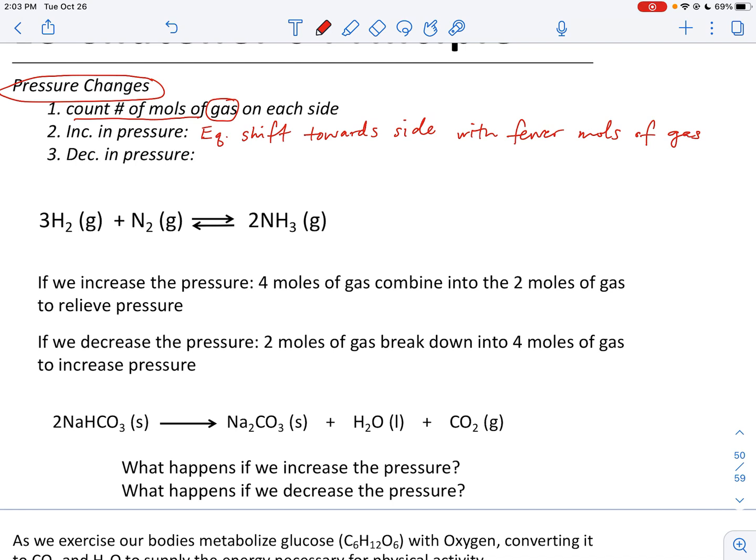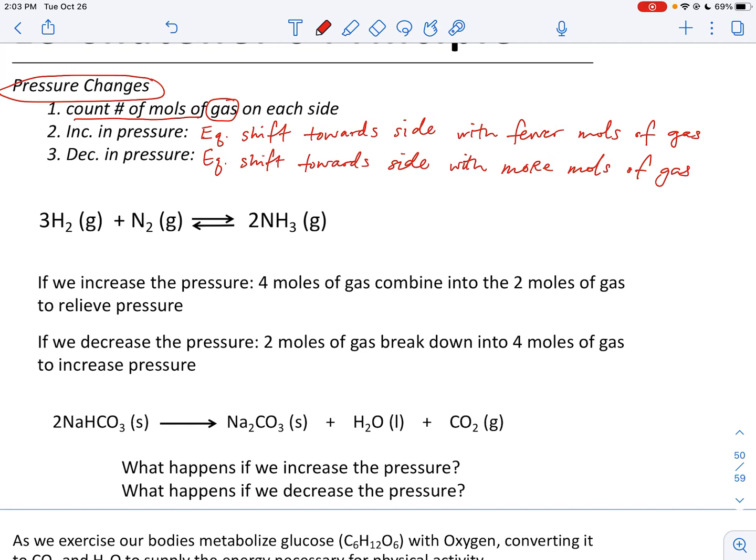Number 3, a decrease in pressure, equilibrium will shift towards the side with more moles of gas. Okay, so you're just counting for how much gas is on each side, and then follow rules 2 and 3 to see how equilibrium will shift.